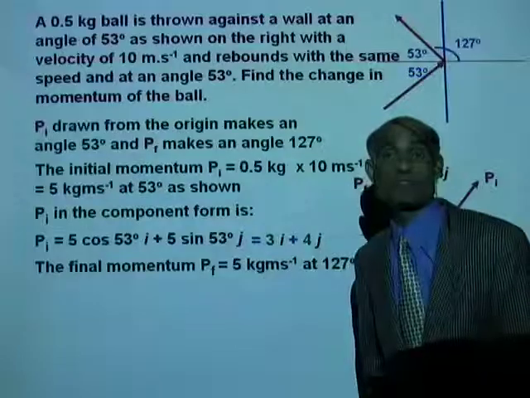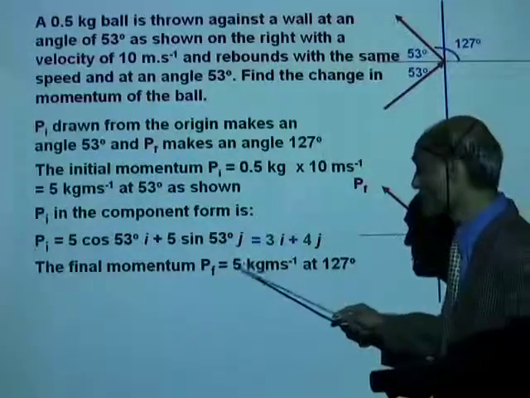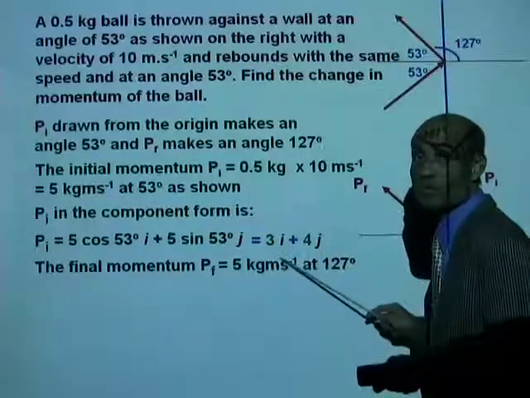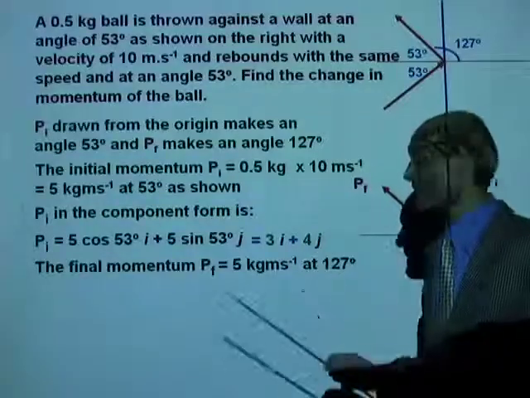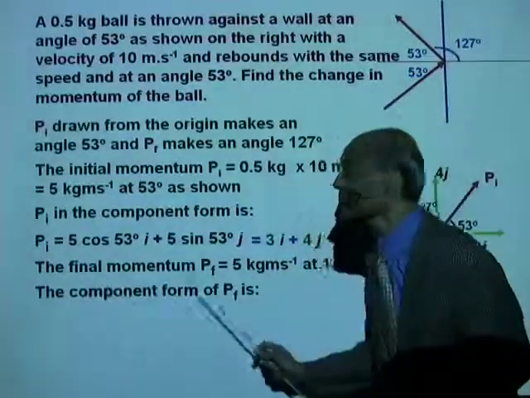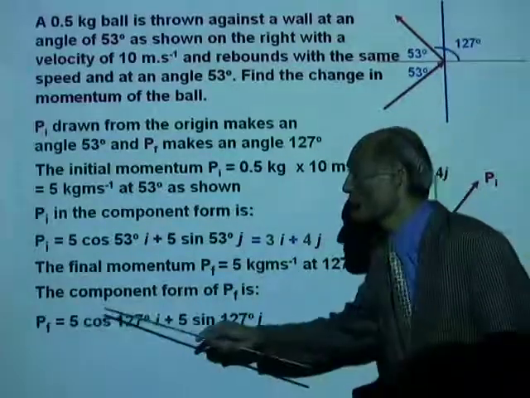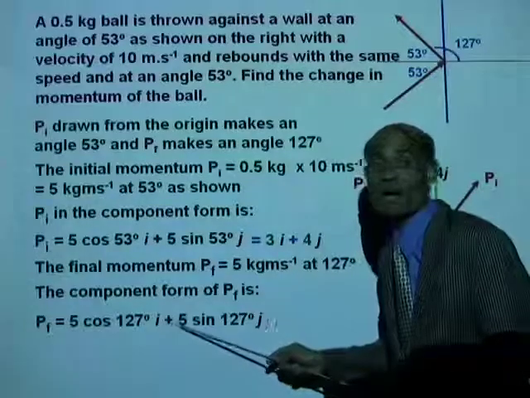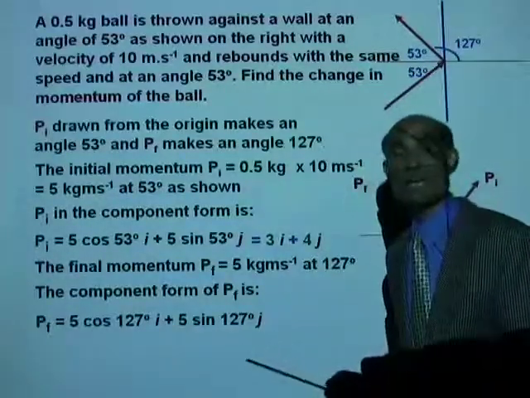Similarly, let's write the final momentum in the component form. PF is 5 kilogram meter per second at 127 degrees. In the component form, it will be, alright, can you write that? It will be 5 cos 127 degrees i plus 5 sine 127 degrees j.